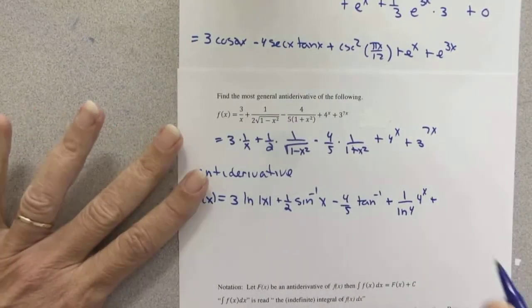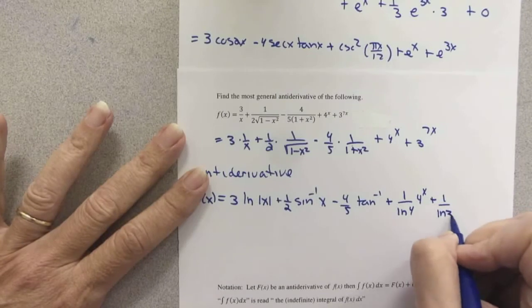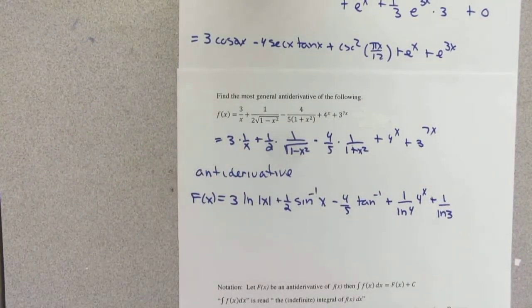Then same idea here, just with an extra thing. I'm going to divide by that natural log of 3 because the derivative statement has times the natural log of the base. So the anti-differentiation statement is going to have divided by the natural log of the base, or multiplied by the reciprocal.